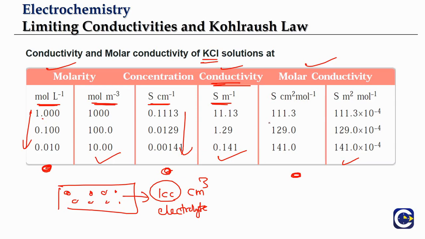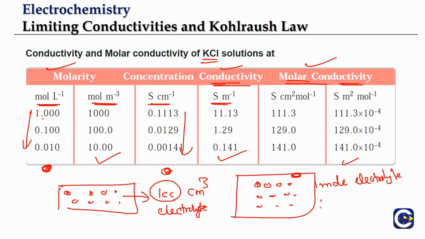Whereas if you look at the other data, molar conductivity, remember what we discussed? Molar conductivity means we are already fixing that we are going to follow 1 mole of electrolyte particles and see what the conductivity of them is. So as you decrease the molarity or the concentration, the particles are now going to occupy more volume.